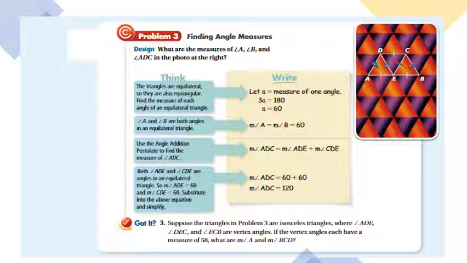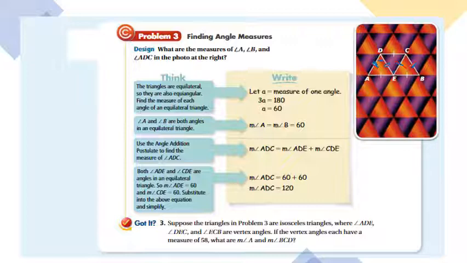They said the vertex angles each have a measure of 58. So angle ADE, this angle, is 58. And angle DEC, this angle, is also 58.